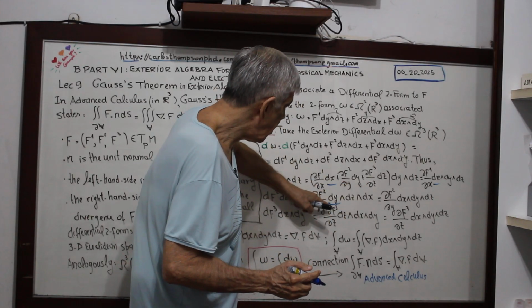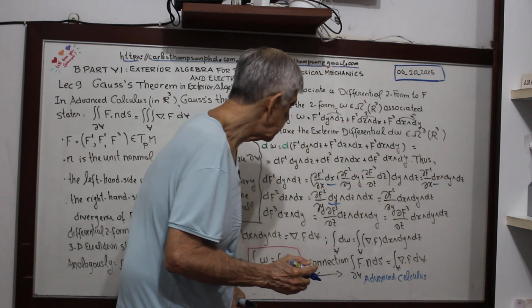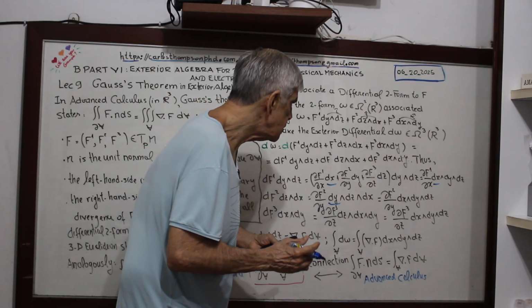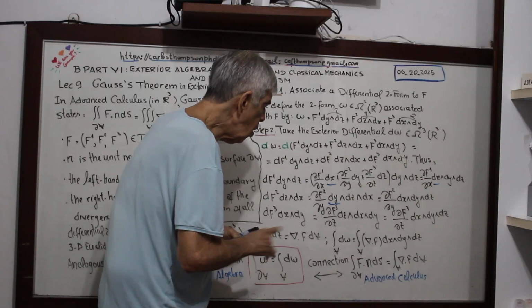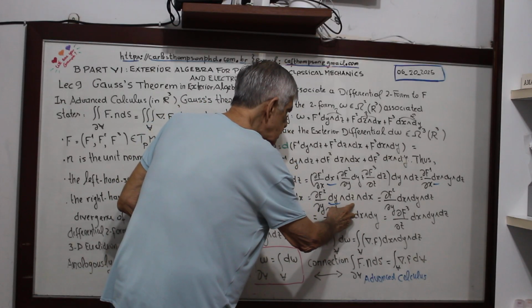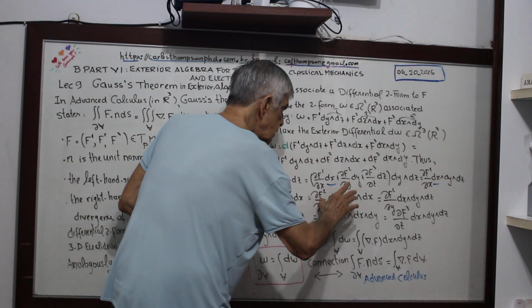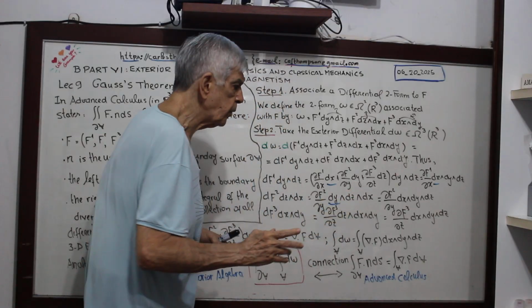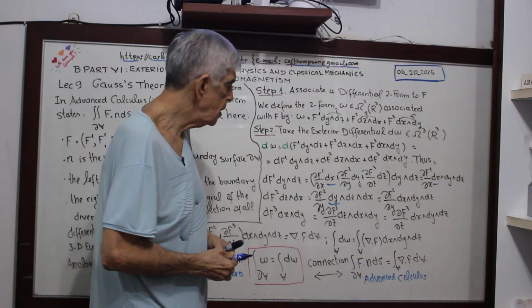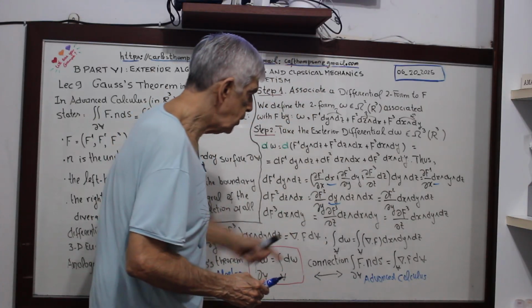Or if I move dx to the left once and the other to the left twice, it remains the same because I have two permutations. That's why I can write dx dy dz.